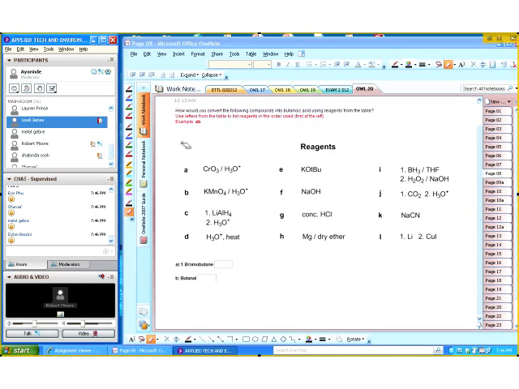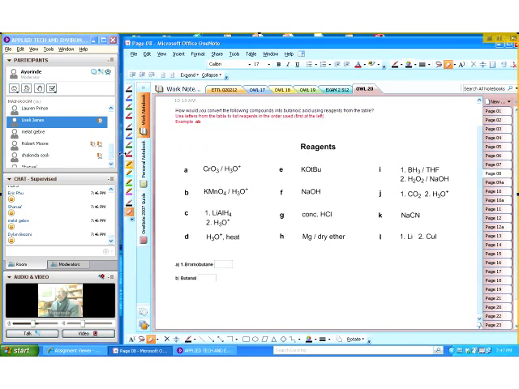How would you convert the following compounds into butanoic acid using reagents from the table? Once again, we do not want to look at the reagent, so let's just take this reagent out of the way.